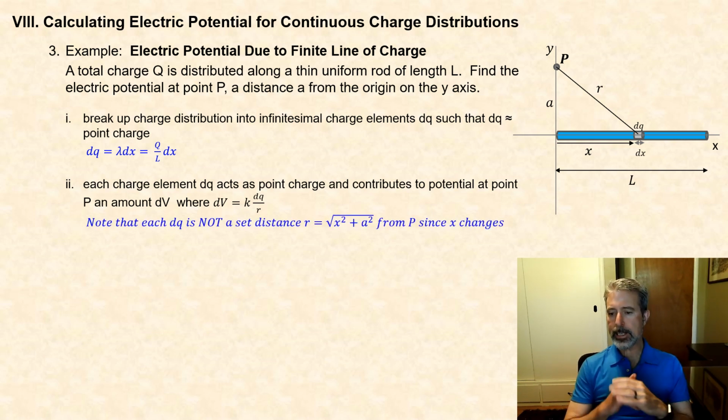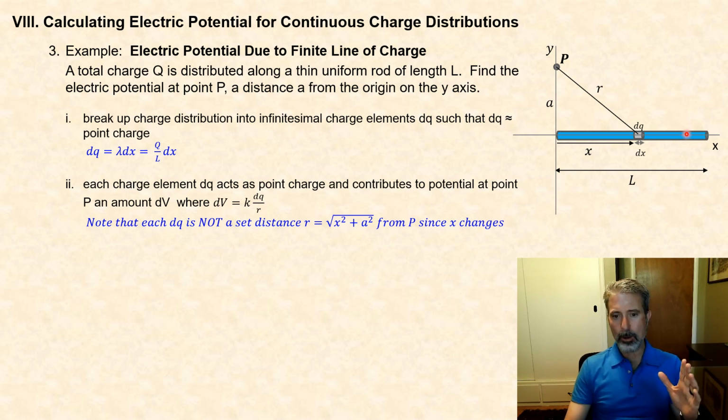We're going to calculate the infinitesimal contribution that each dq makes to the total electric potential by calculating dV equal to k dq over r. We're treating each dq as a point charge. Note that each dq is not a set distance r from point P. As we move along the rod, that distance r changes.